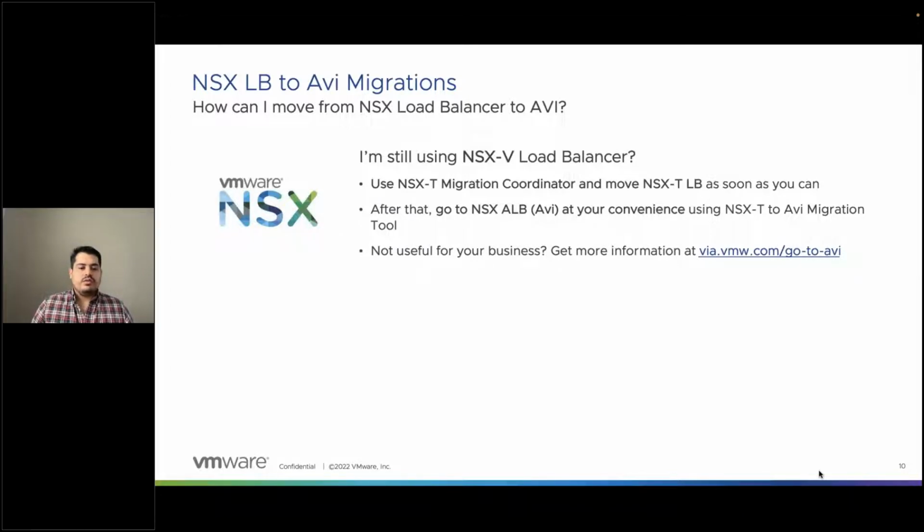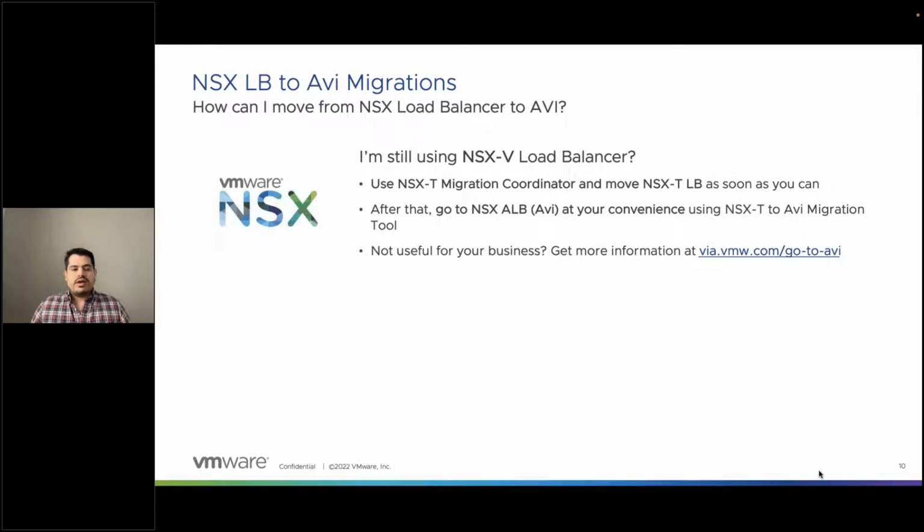No, you are going to be able to move your services that are running in V. That is a platform that, as you know, is end of life, is end of support, right? So you will move your services from V to NSX-T, including your load balancing services.